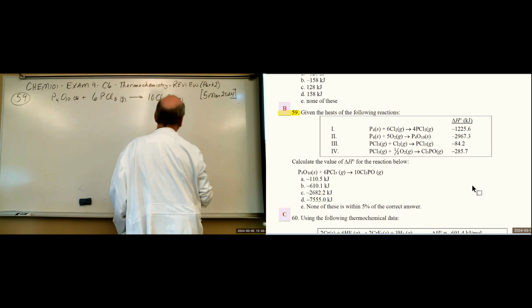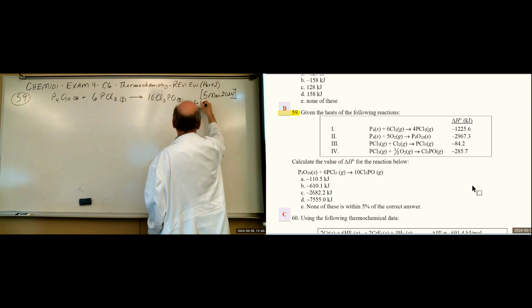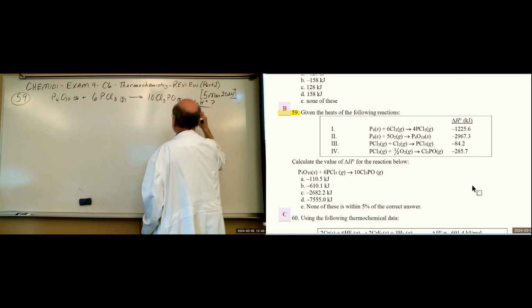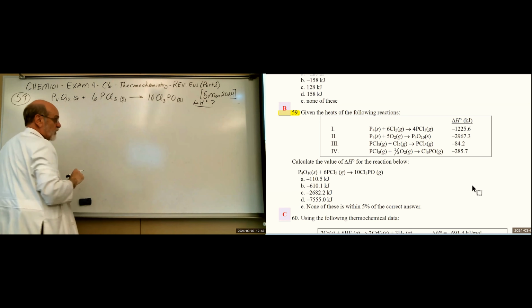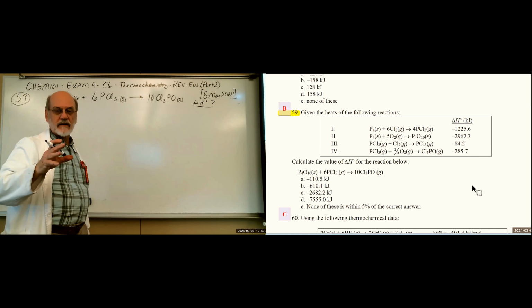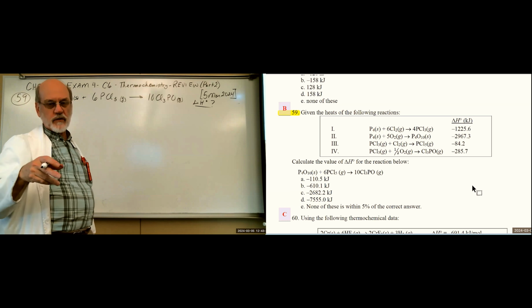And we're looking for the delta H under standard conditions for this one, based upon any combination that is permitted of equations 1, 2, 3, and 4.